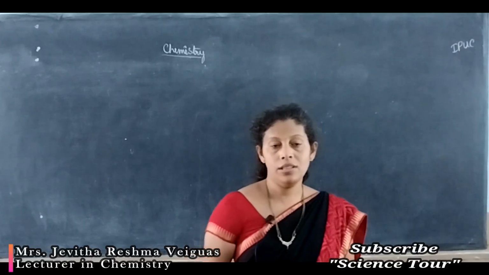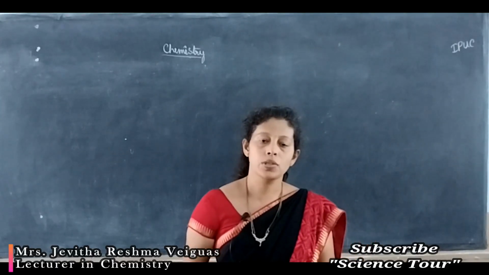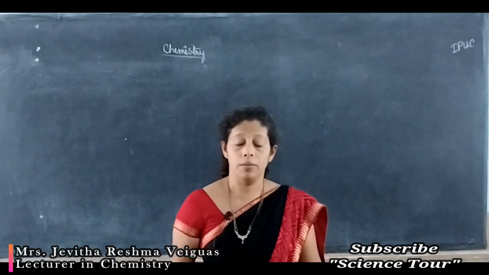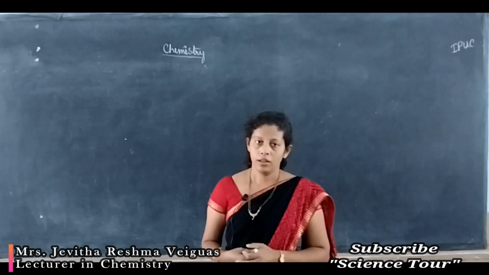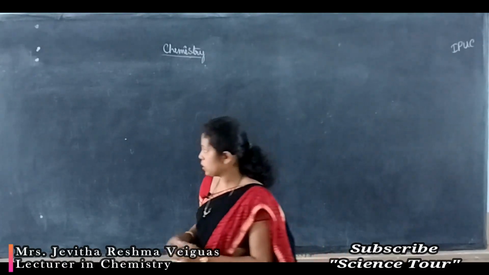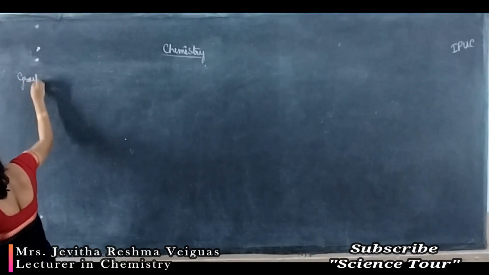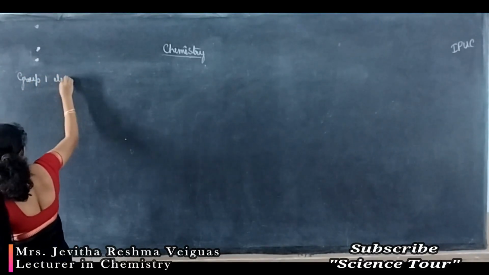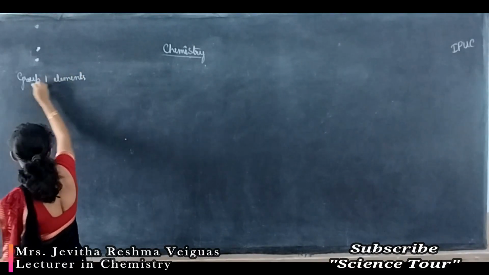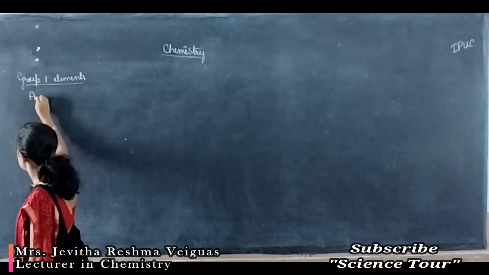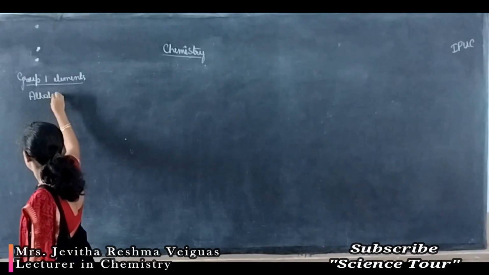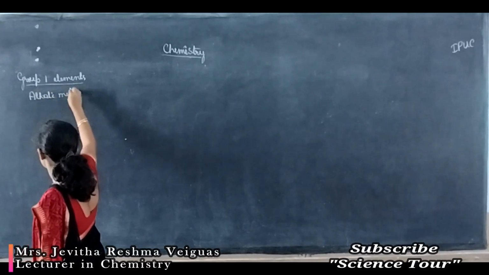Now let us consider group 1 elements and group 17 elements, and let's compare their ionization enthalpies. Students, group 1 elements are also called alkali metals.